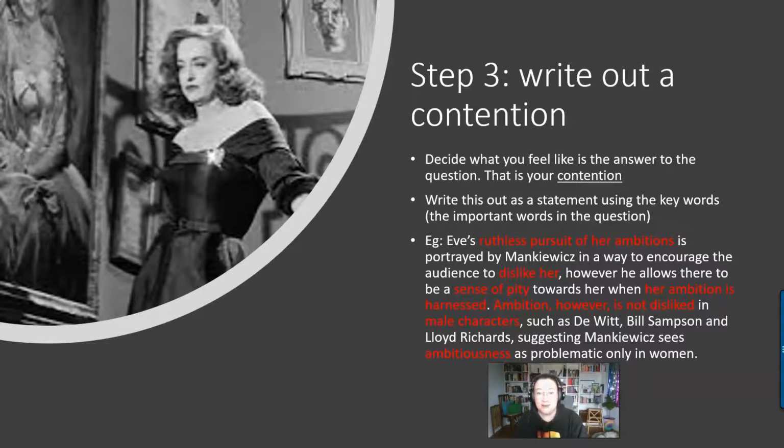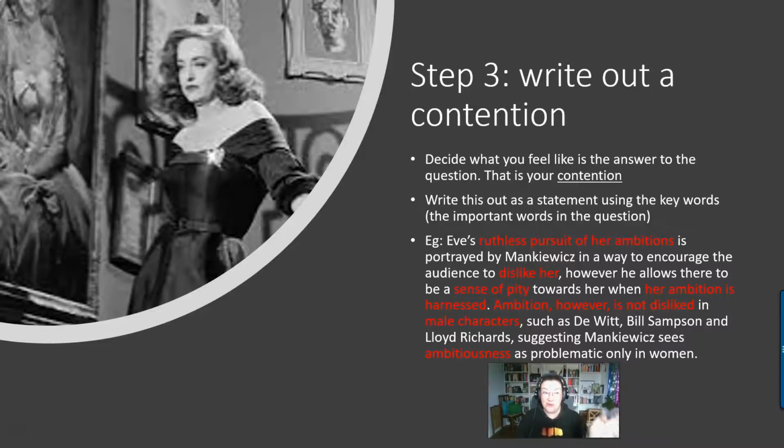Okay, so Eve's ruthless pursuit of ambition is portrayed by Mankiewicz in a way to encourage the audience to dislike her. So the first bit of my contention is saying, yeah, her pursuit of ambition makes us dislike her. However, he allows there to be a sense of pity towards her when her ambition is harnessed. Okay, so that's me kind of disagreeing to an extent.